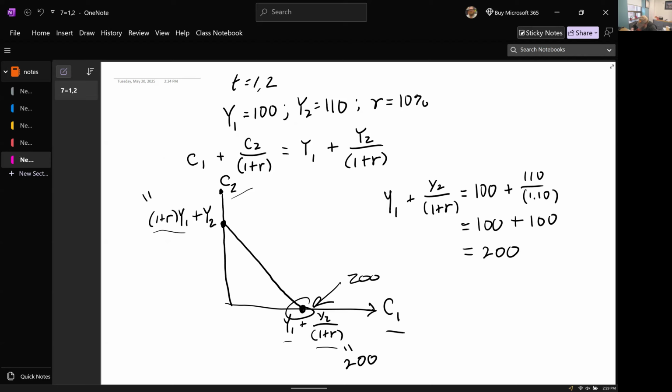And then for this value over here, I just have to do 1 plus r times y1 plus y2. So that's 1.10 times 100 plus 110, and then we get 110 plus 110, which is equal to 220.